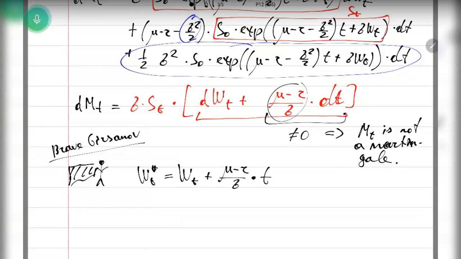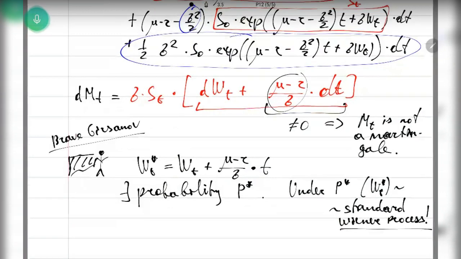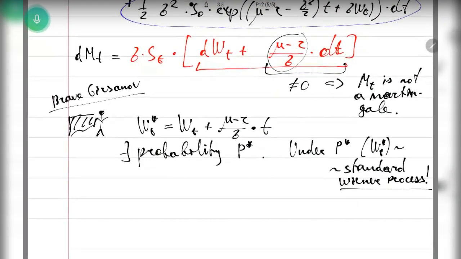And Girsanov says that, I proved the theorem that there is a probability P star, and under probability P star, Wt star is a standard Wiener process. Okay, what does it mean? It means that under P star, we can say that dMt.